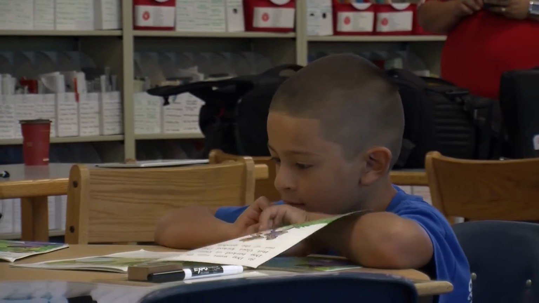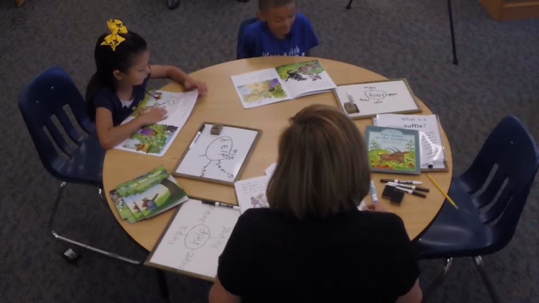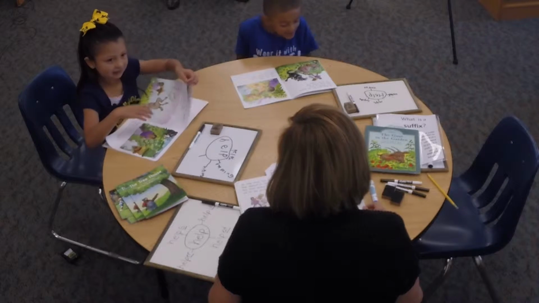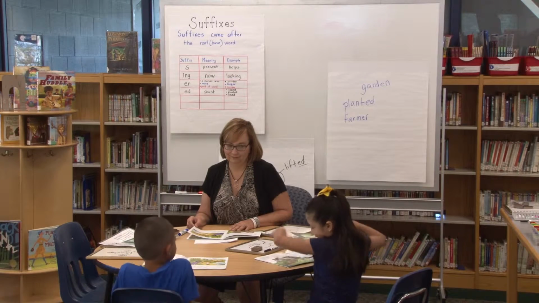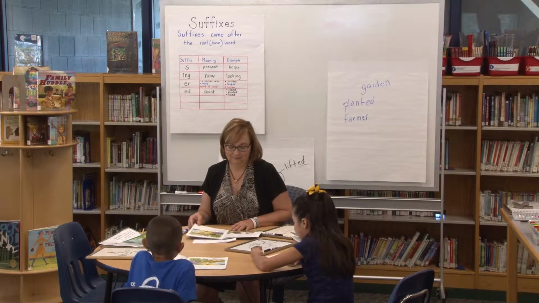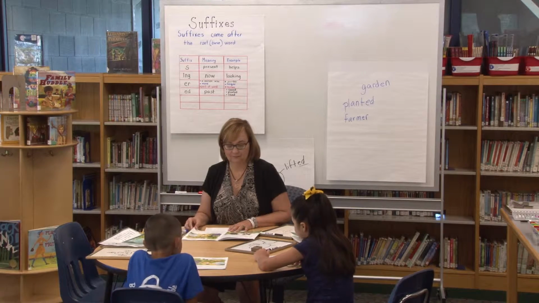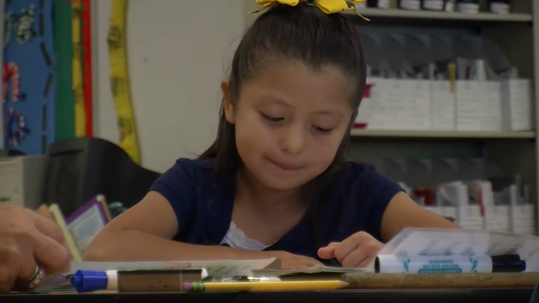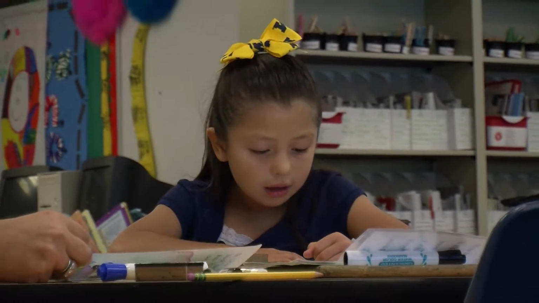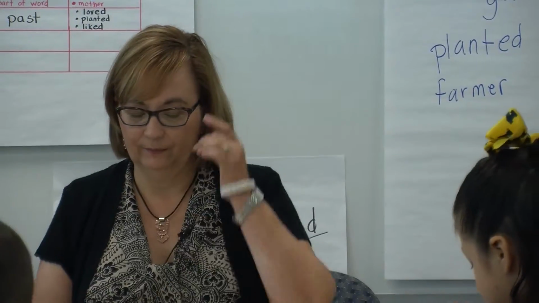Okay, Alana, your turn. Read page 6. So dog went into the garden. Dog barked at goat, but goat kicked dog out of the garden. Nice check right there, Alana. Good job. Keep going.